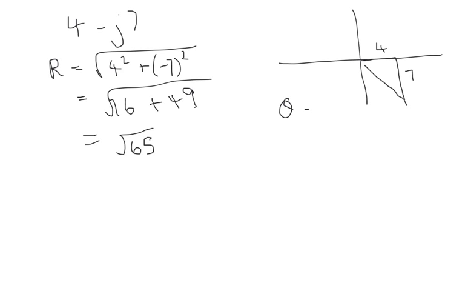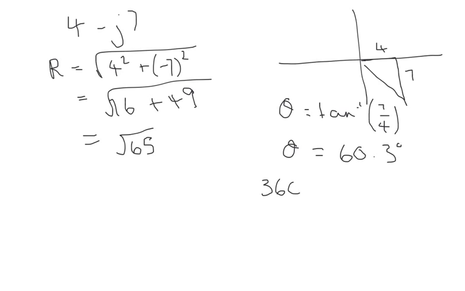Angle, use inverse tan 7/4. And this gives us 60.3 degrees. Again, this is in the fourth quadrant. So we usually do 360 subtract 60.3 degrees for the fourth quadrant answer. However, this is 299.7 degrees.